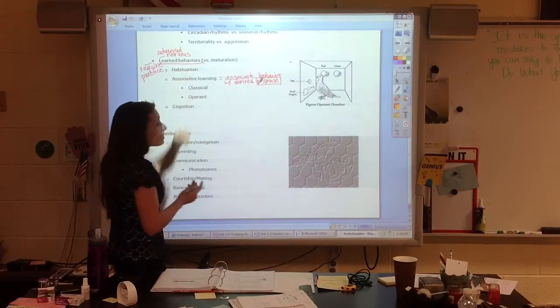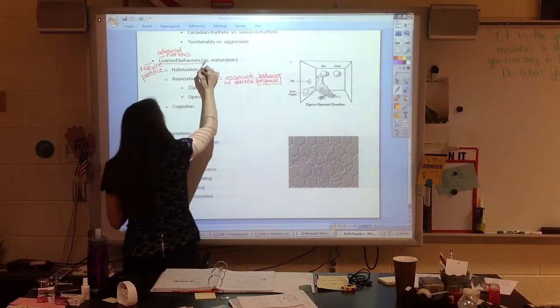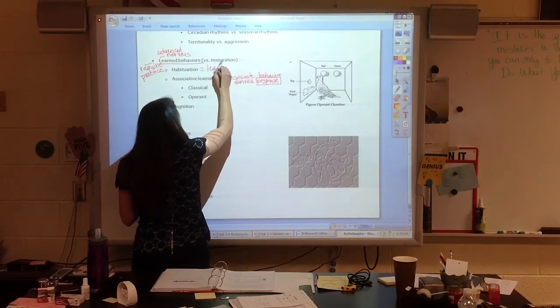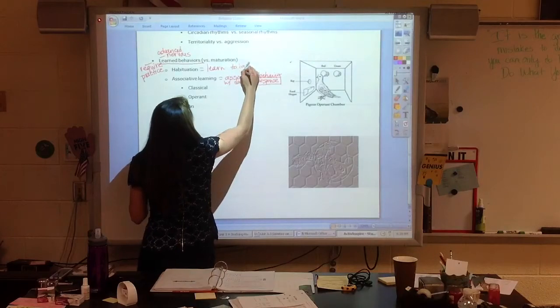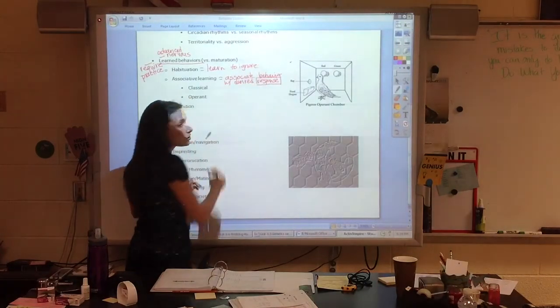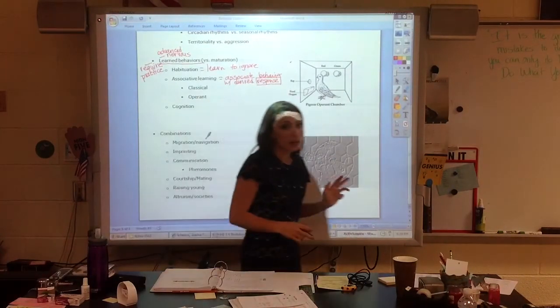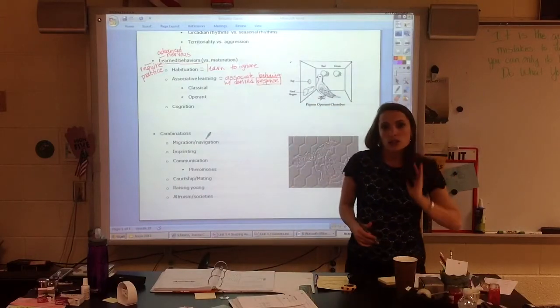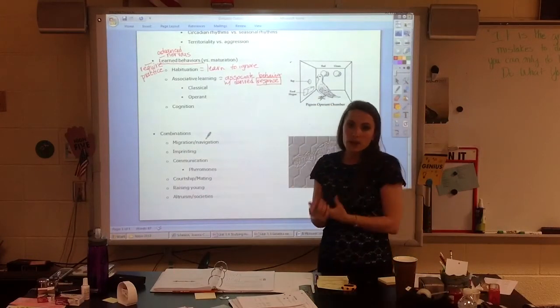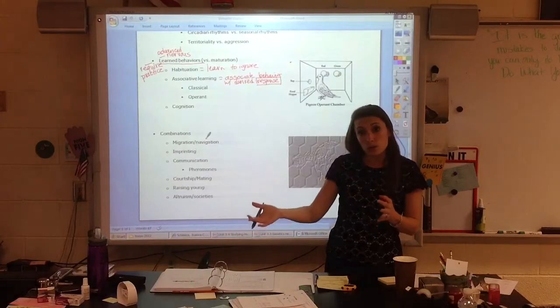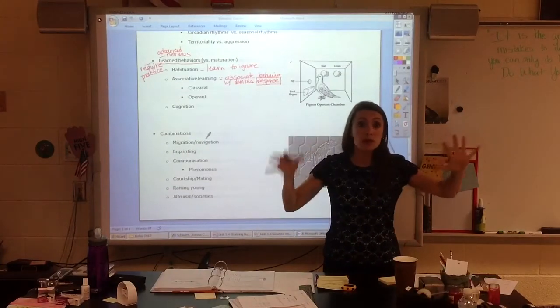Non-associative, we mainly focus on habituation. And habituation is actually where you learn to ignore a stimulus. So a really good example is, there's an example with wild animals where every time there's a movement, they're afraid.